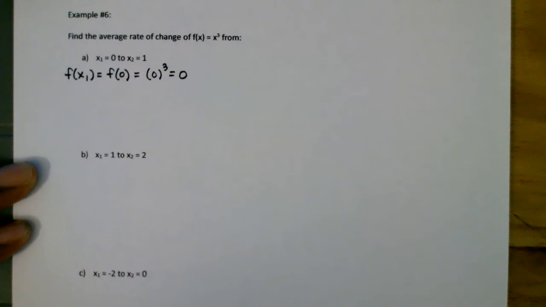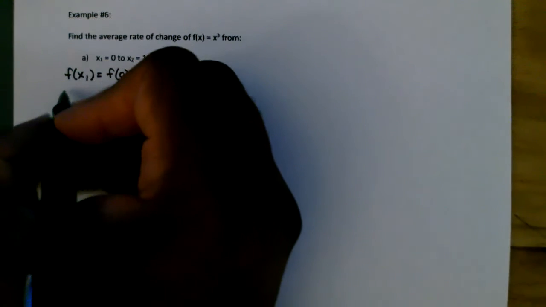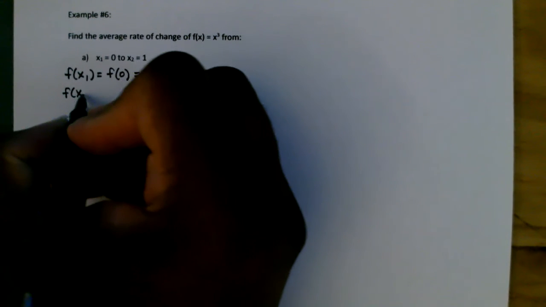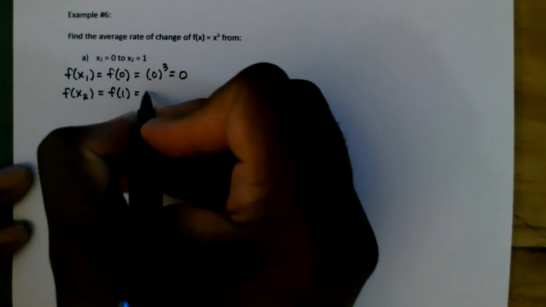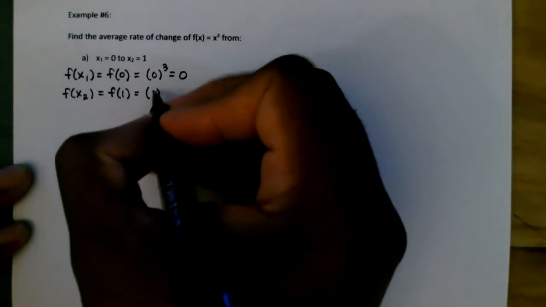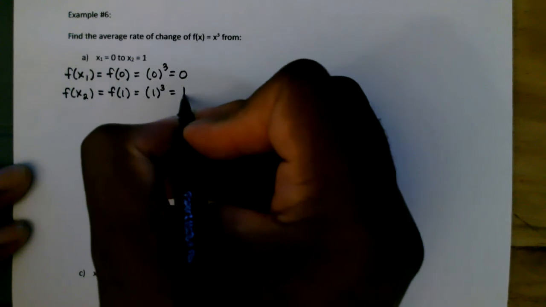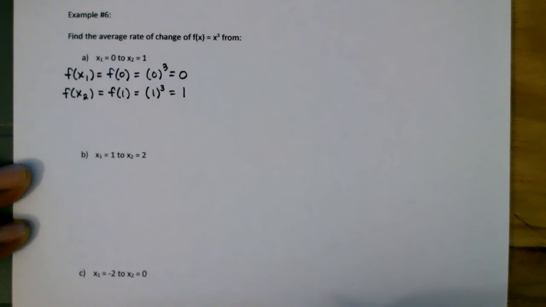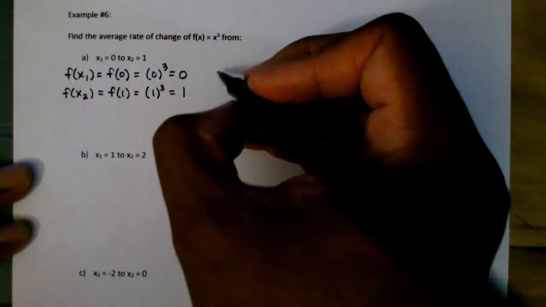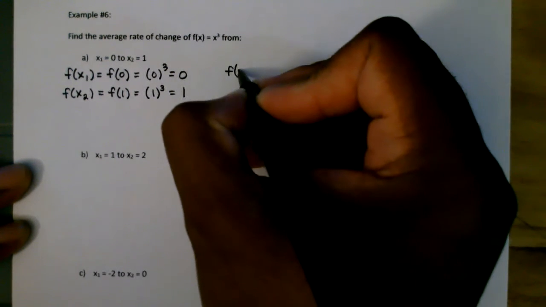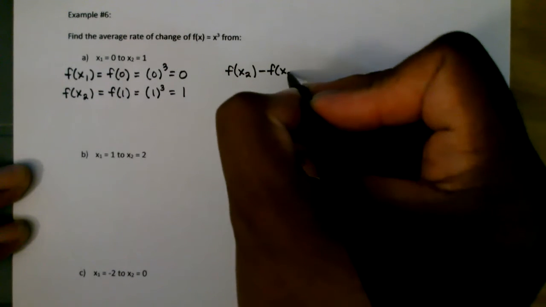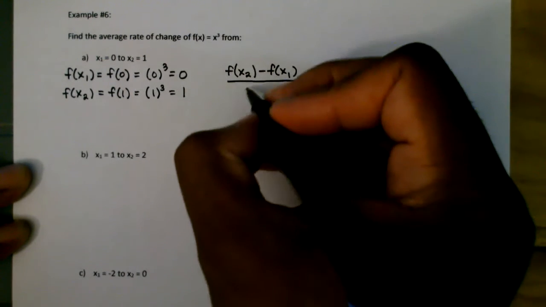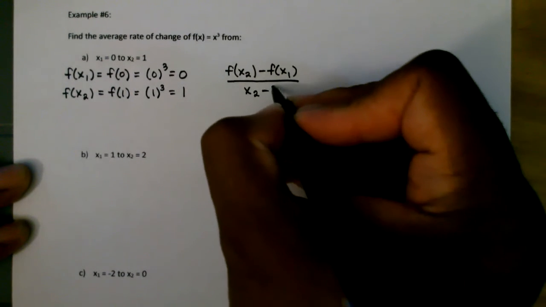And then f of x2. That's simply f of 1. Substitute the x with 1, so this will be 1 cubed, which is 1. And then we use the average rate of change, f of x2 minus f of x1 divided by x2 minus x1.